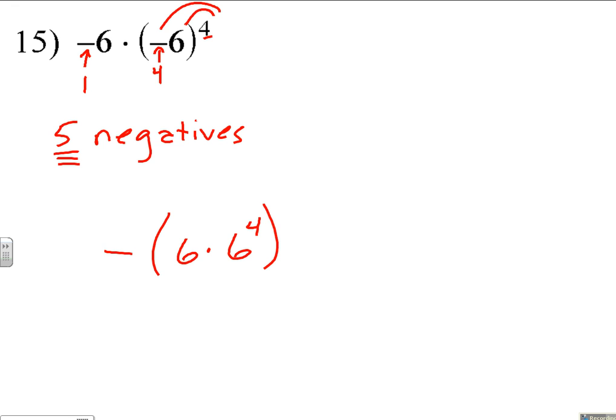I've taken the negatives out. They are done. So I end up with negative. I've got a 6 and 4 more 6s. I don't have 4 groups of 6. I have 1 6, 4 more 6s, 6 to the 5th. So negative 6 to the 5th. So the big key there is how many negatives do we have, and that's going to be what I want you to focus on as we move forward here.